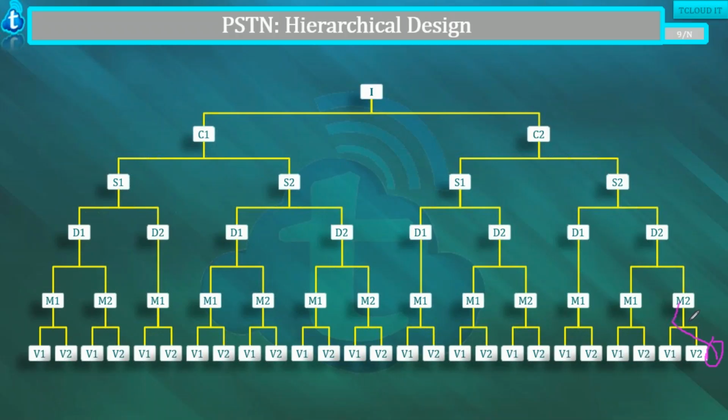Not required, because the mandal is already connected to district 2, district 2 is already connected to state 2, state 2 is already connected to the country 2 exchange, and the country 2 exchange is already connected to the international exchange. So the village 3 users who are coming up right now can make a call to anybody in the world, because you just need this connection to the mandal level. Nothing else is needed. That is the advantage of creating the hierarchical architecture for the telephone environment.